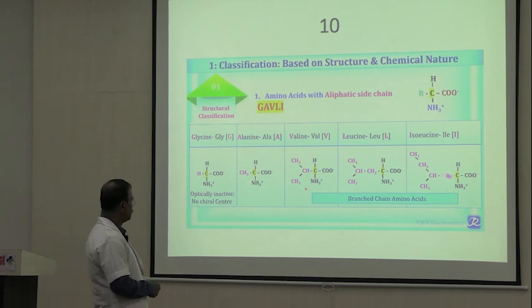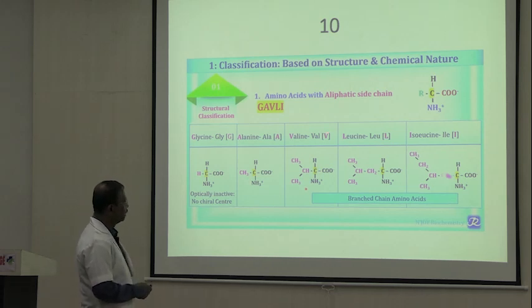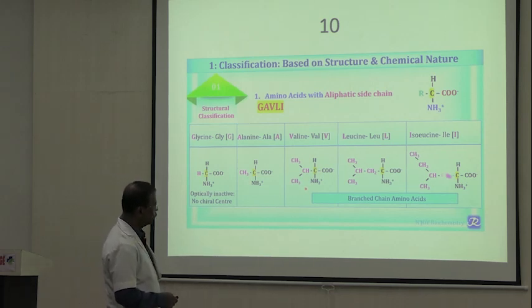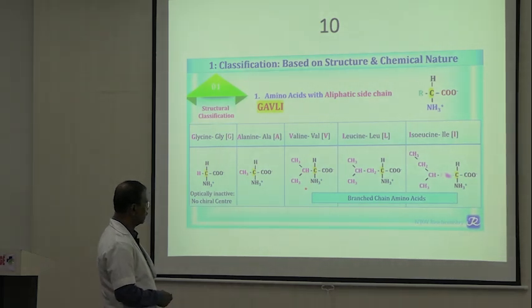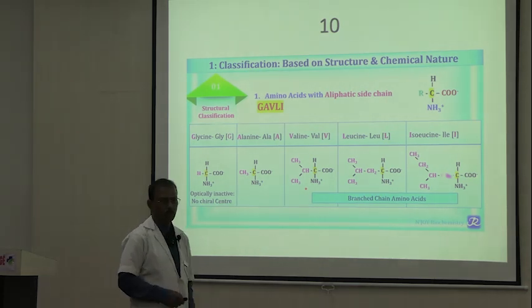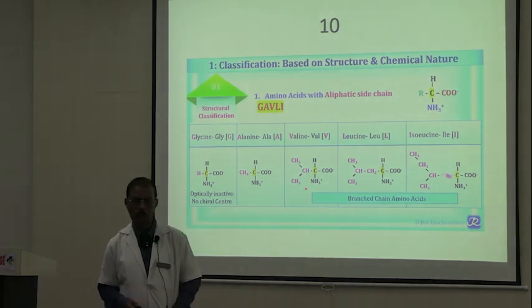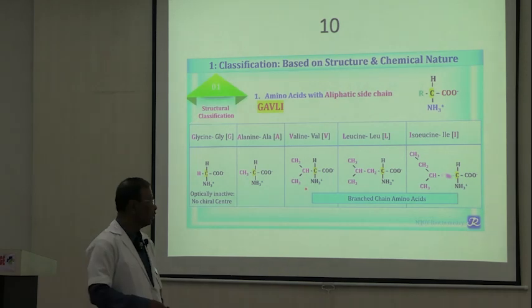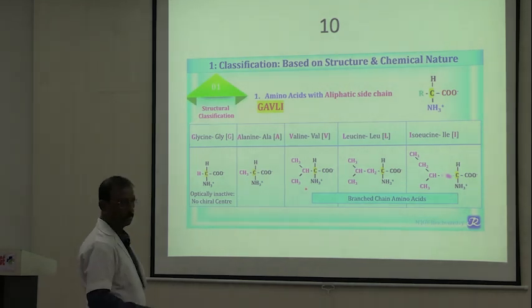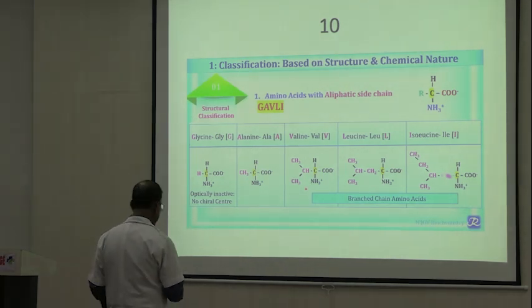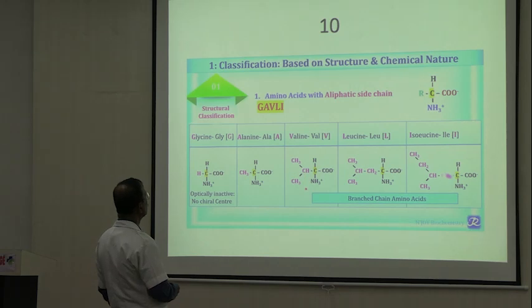This is alanine, valine, leucine, isoleucine. Now you can see there is a branched chain in valine, leucine and isoleucine. So these 3 are called branched chain amino acids.